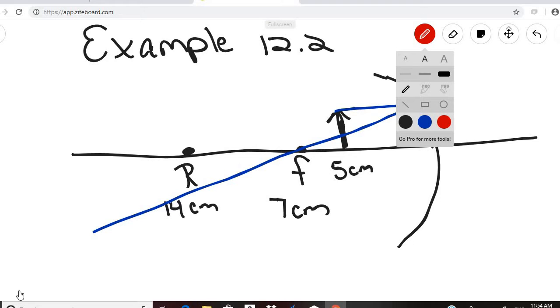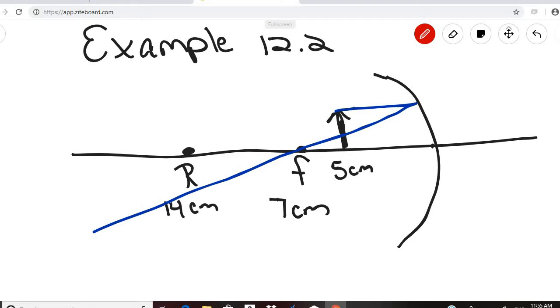Then the second beam of light that we would look at is any beam of light that goes through the focal point before it strikes the mirror will reflect out horizontally.